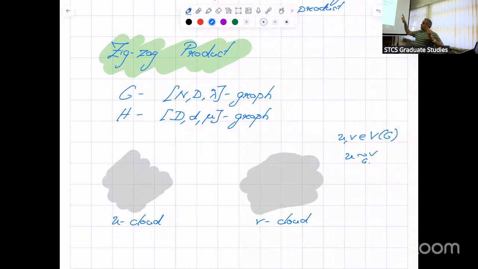For both of them we are going to do the same thing. Instead of U, we think of a copy of H over here, and a copy of H over here. So let's put a copy of H.